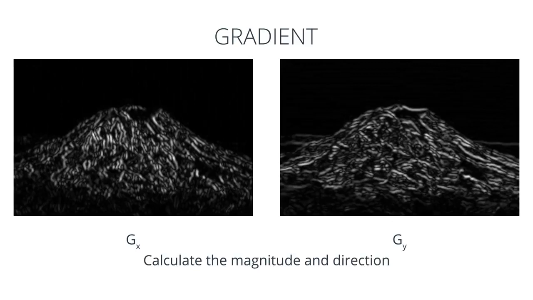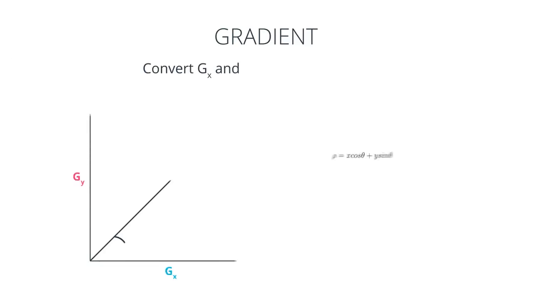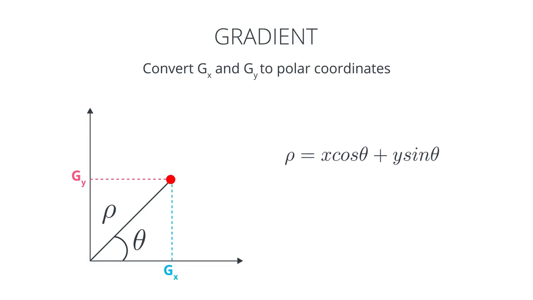To do that, we actually convert these values from image space, xy coordinates, to polar coordinates with a magnitude rho and direction theta. This may seem familiar from the Hough transformation. At any pixel location, you can think of gx and gy as the lengths of two sides of a gradient triangle. Gx is the length of the bottom side, and gy the length of the right side.